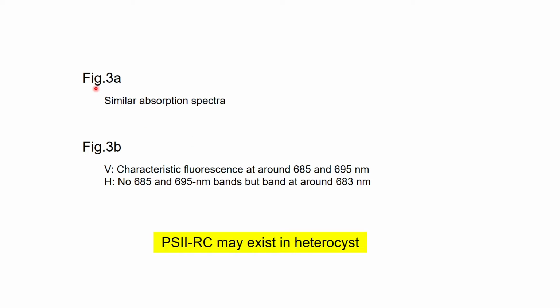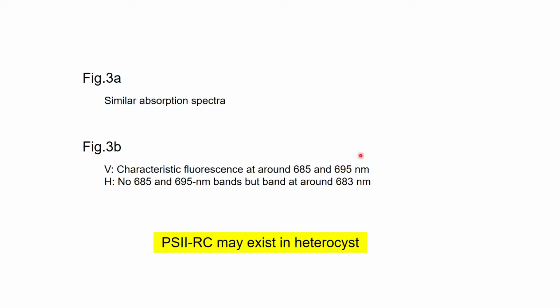Figure 3a shows absorption spectra of the two samples under liquid nitrogen conditions. You can see similar absorption spectra of the two samples, especially in the wavelength region of chlorophyll a Qy. Figure 3b shows fluorescence emission spectra of the two samples under liquid nitrogen conditions. Vegetative thylakoid showed characteristic fluorescence at around 685 nanometers and 695 nanometers.